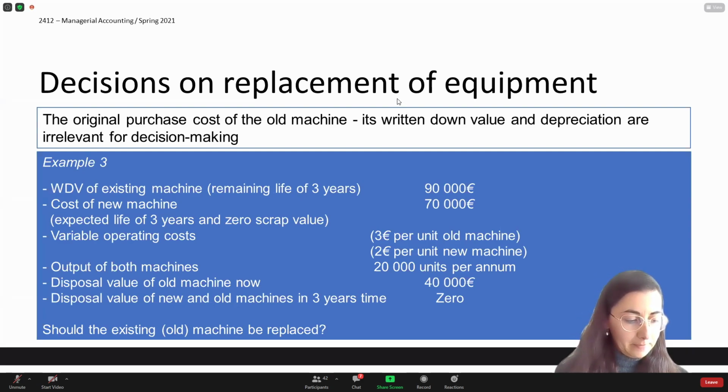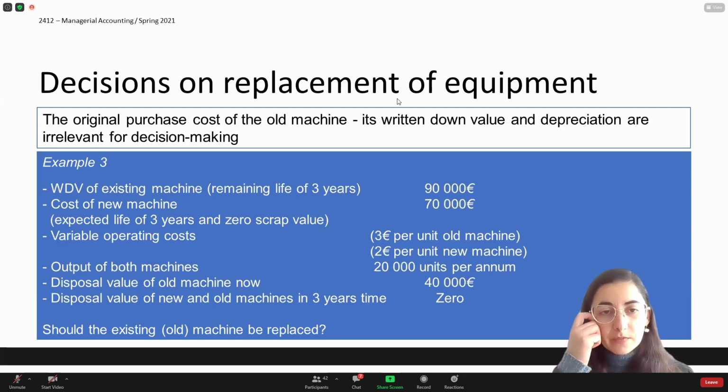Because if we replace, although we have a sell price of the old one of 40,000, we will buy the new one for 70,000, and the difference in the operating costs is only like 20,000. So the difference between the sell price and the buy price is not covering the difference in operating costs.